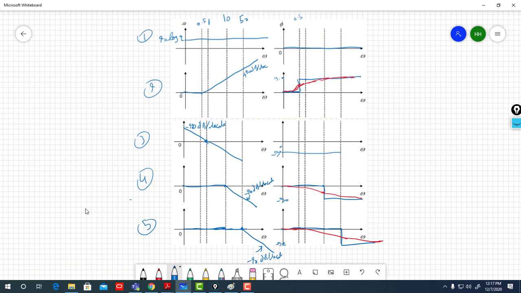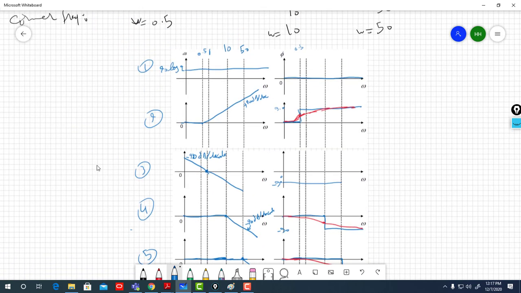Starting at low frequency, you have 20 log of 2 plus 0. So basically from 1 you have 20 log of 2. Let me write it here. At low frequency, from 1 you have 20 log of 2. From 2 you have 0.